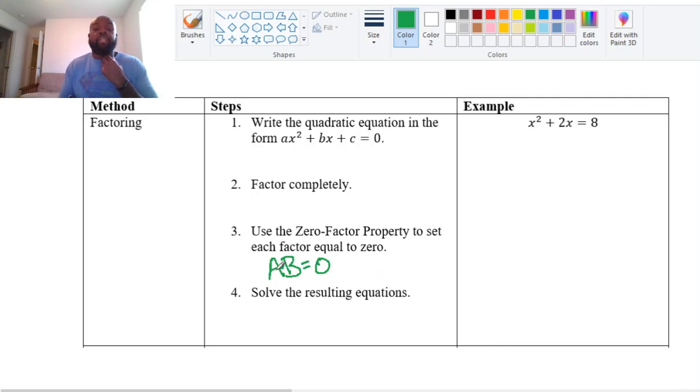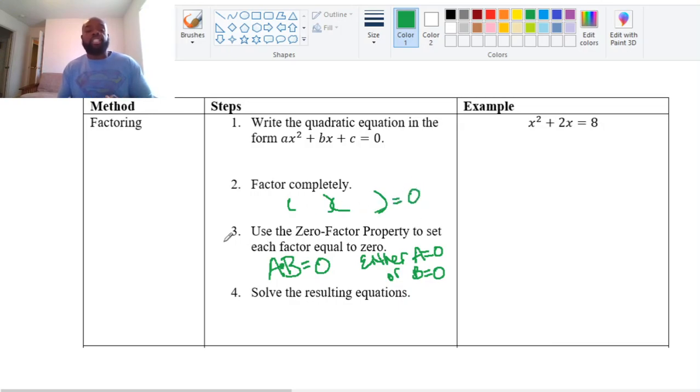We just know that when I have two numbers that are multiplied and the product equals 0, either A has to equal 0, or the other number has to equal 0, or they both can equal 0, right? Once we factor completely, we'll have a product of two binomials, or two smaller degree polynomials, equal to 0. And so this third step is to set each of those equal to 0, and then we'll solve the resulting equations.